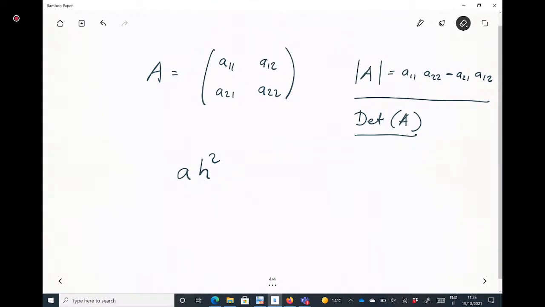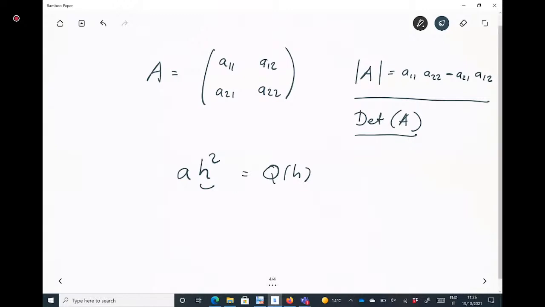Is this always positive, always negative? When H is 0, the quadratic form is 0. It depends on the coefficient A. If A is positive, this is never negative. If A is negative, this is never positive. So it's very easy to study the positive or negative definiteness of a quadratic form in one variable.